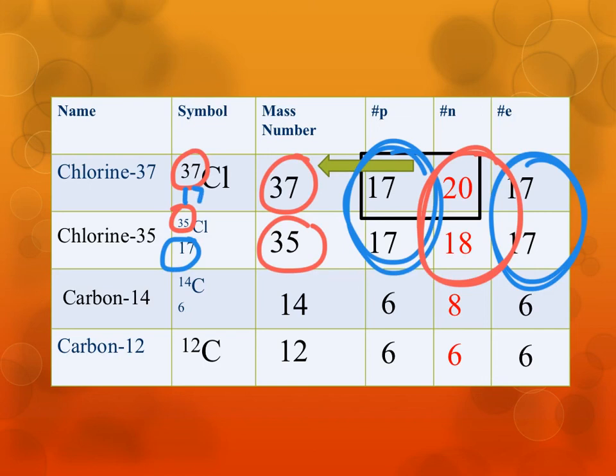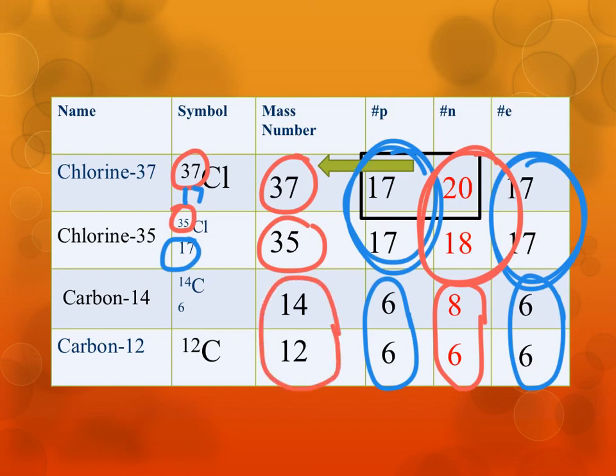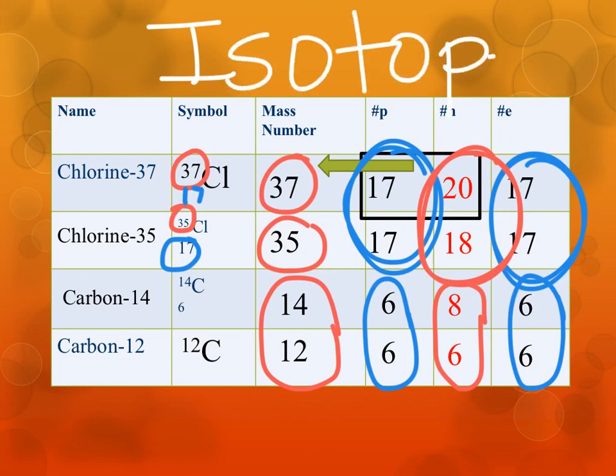Same thing with carbon. Protons are the same, electrons are the same, neutrons are different, so the masses are different. What do we call these things again? Isotopes. Same element, same protons, different neutrons.